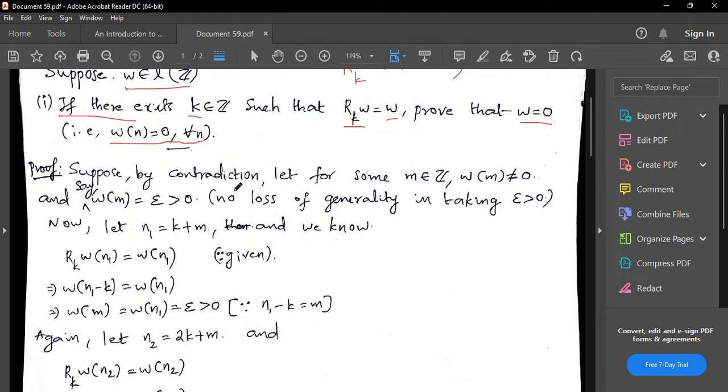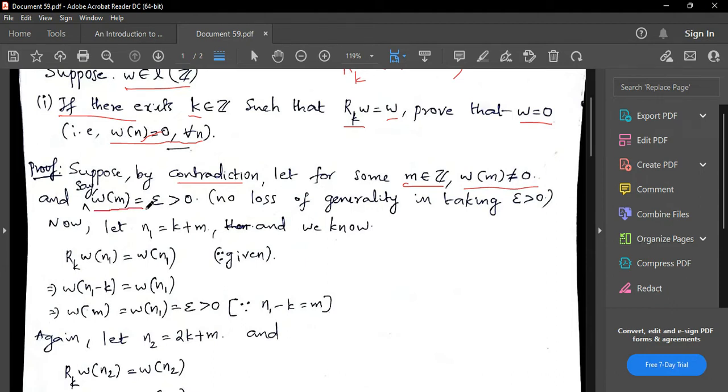In proving this, suppose by contradiction that this is not true for all n. For some n there is some m belonging to Z such that w of m is not equal to 0. Then w of m can be positive or negative.